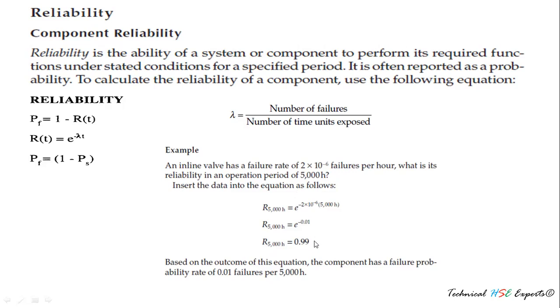So it is going to run continuously for 5,000 hours. The probability is 100%. If the probability is less, then they will go with other options, such as a backup for this valve or some other scenario.